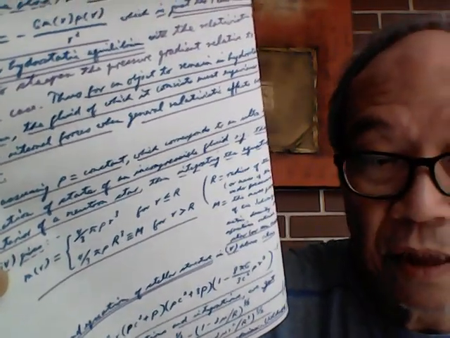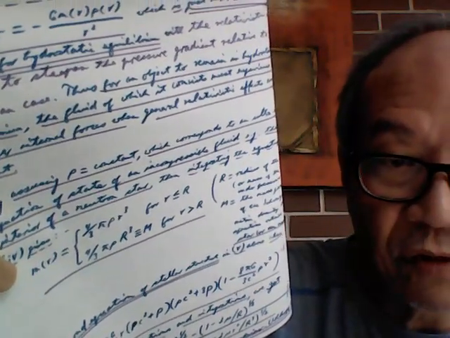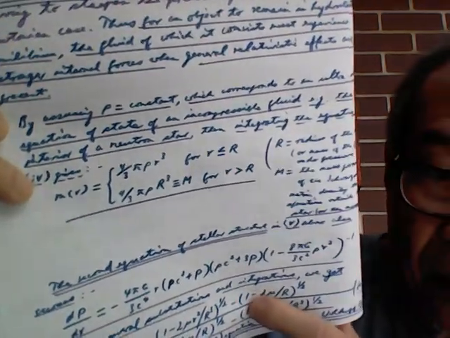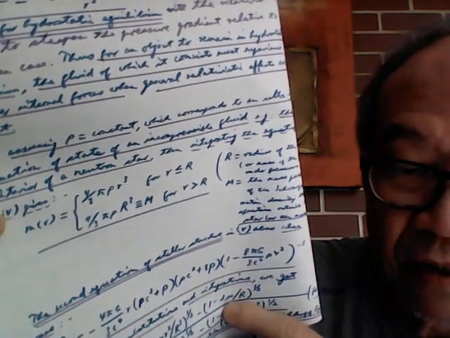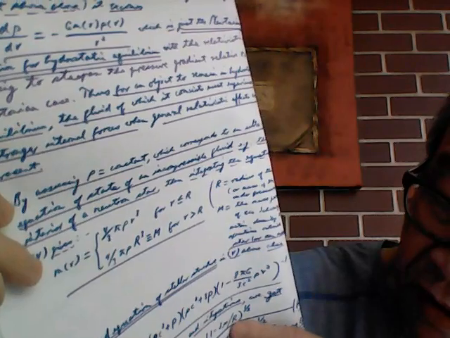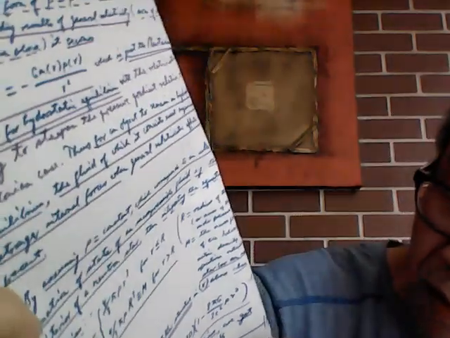Mu is just equal to G, the Newton constant, times the mass of the system M, divided by c squared, the light speed squared, and minus 1 minus the bracket minus 2 mu over r. Mu I've just explained: it is equal to GM divided by c squared, G the Newton constant, M the mass of the system, divided by c squared.